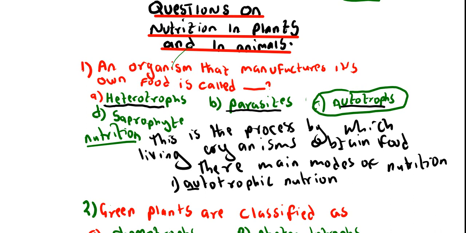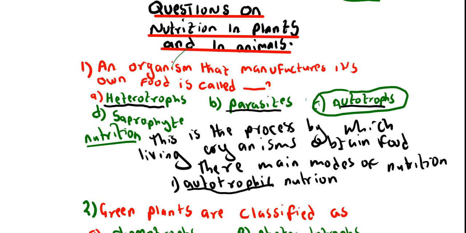So if you're talking about autotrophic nutrition, you're talking about organisms that can manufacture their own food, and that's the reason why we're picking C, autotrophs. The other mode of nutrition is heterotrophic nutrition. This is a type of nutrition where organisms take food present in the body of other organisms.